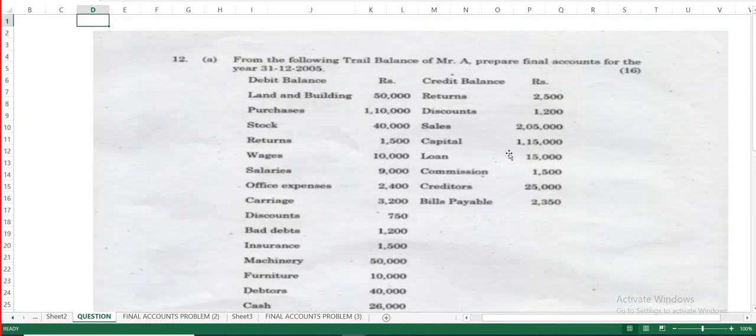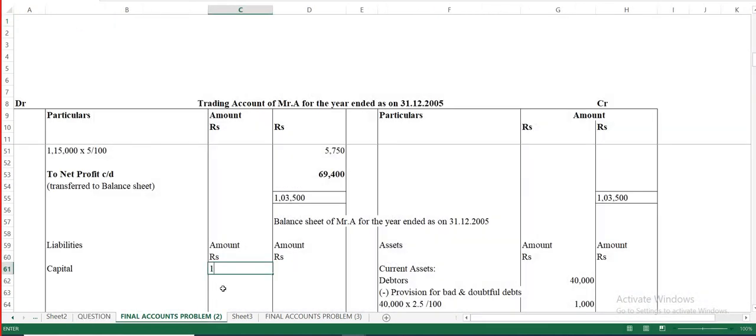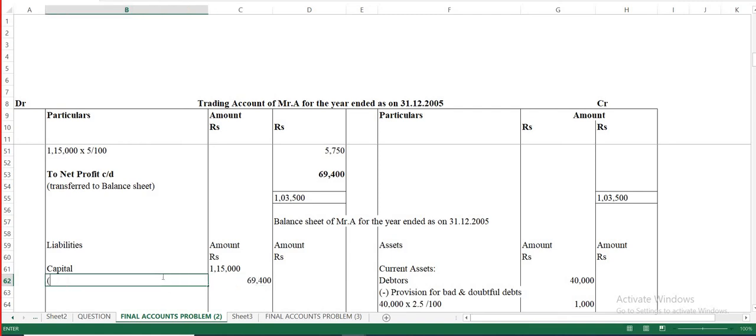So your capital amount is 1,15,000. To that you have to add up the net profit that we got as 69,400. So just add that 69,400. So this will be your net profit.